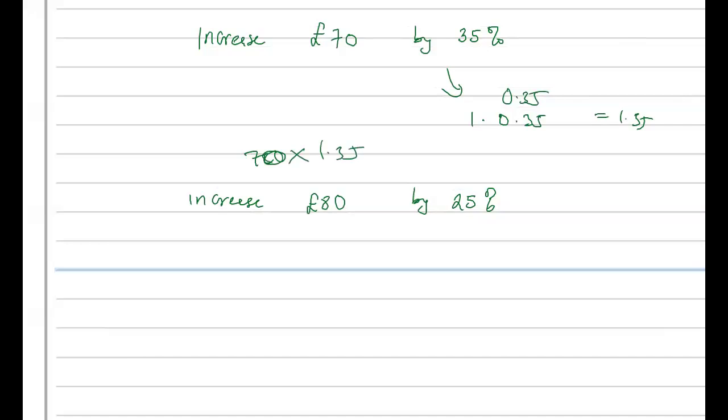70 times 1.35 gives you 94.5. Is that where you got to? Yes, good.